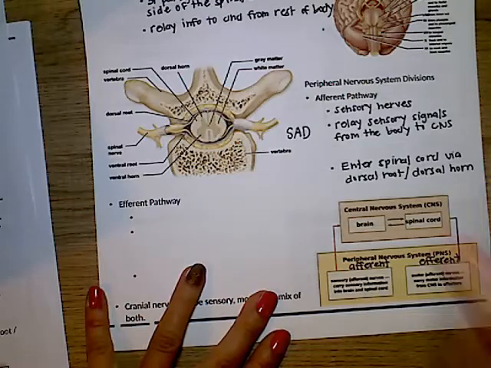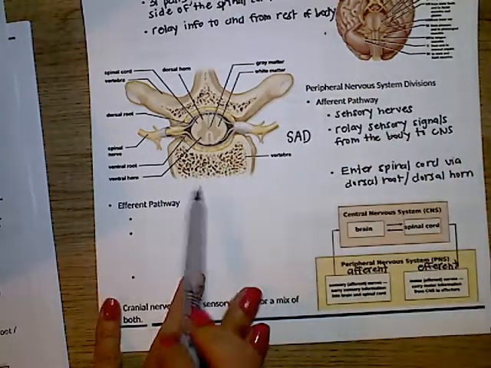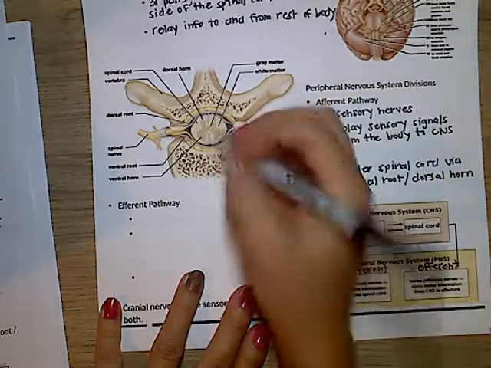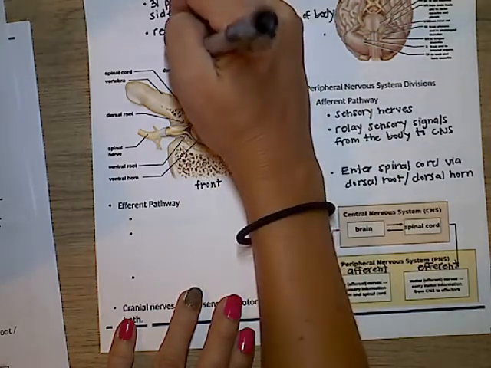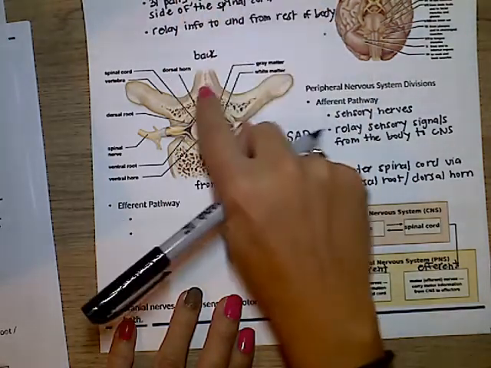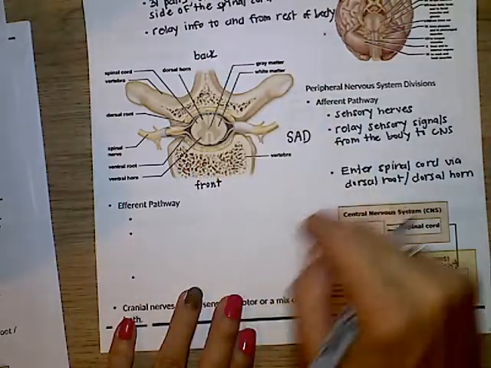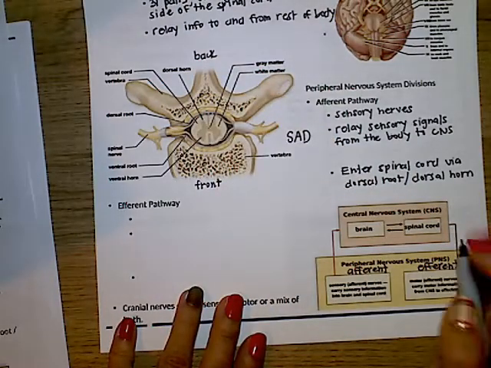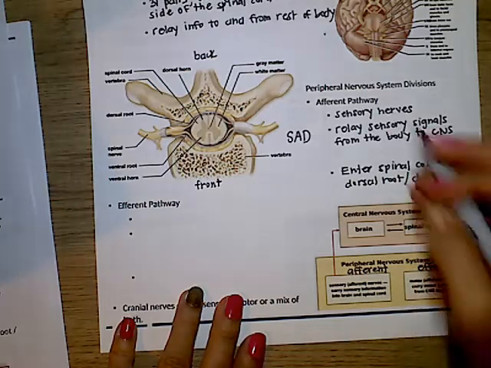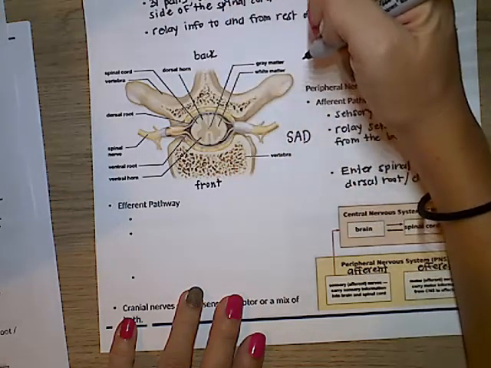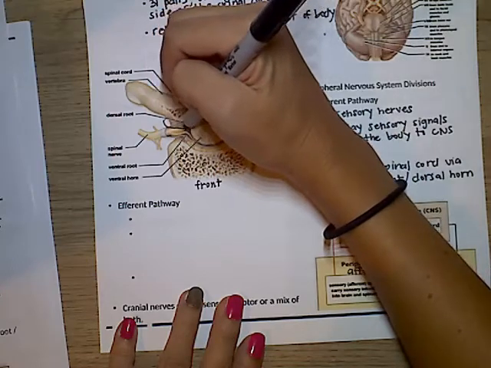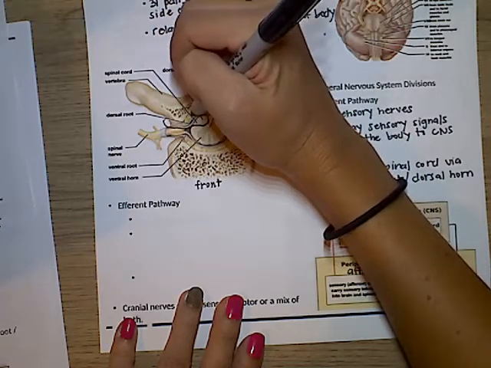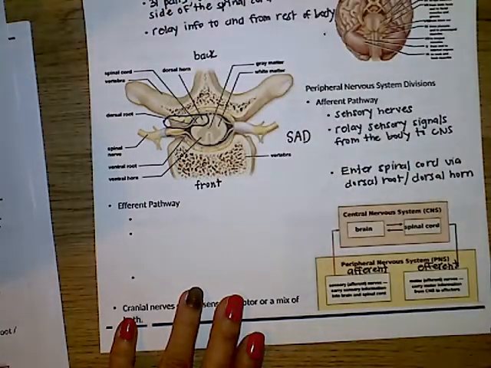This isn't the best diagram here, but remember this is the ventral side, the front of your body, and this is the back. This is where you would find the bumpy parts that make up the spine of your back. The ventral root and horn is going to be this area right here, on the ventral side, and the dorsal side is the back side.